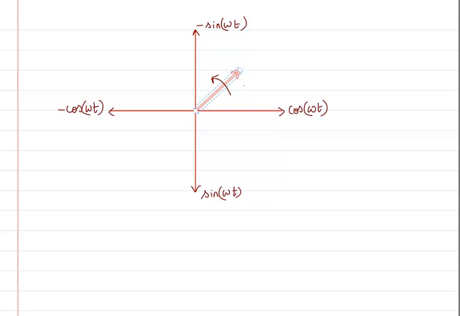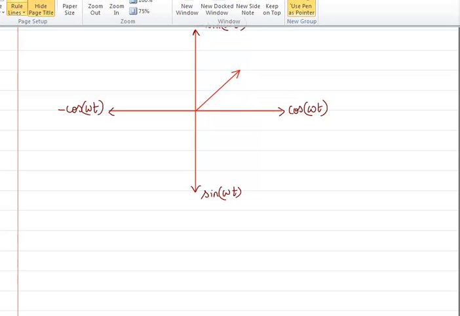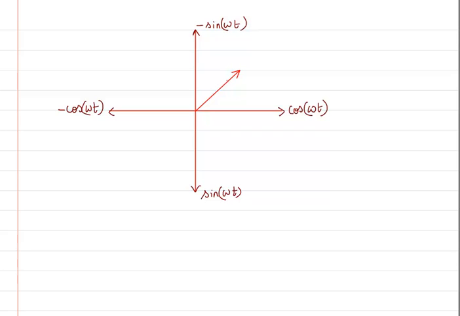So this is counterclockwise or anti-clockwise, whereas this direction will be clockwise. Let me draw that properly. This direction will be counterclockwise, so it's as if the clock is moving in the opposite direction.